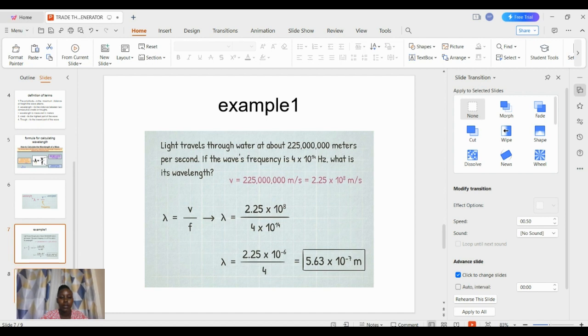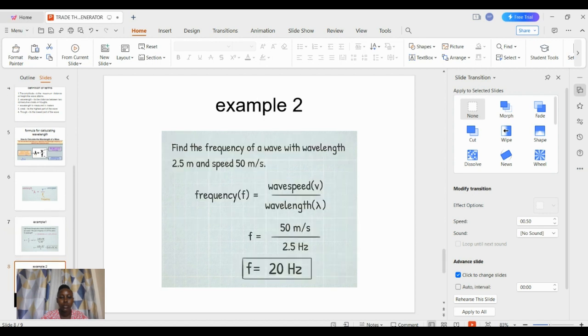Let's look at the next example, example 2. The question says: find the frequency of a wave with a wavelength of 2.5 meters and a speed of 50 meters per second. So this question is asking us to calculate frequency, and we have been given wavelength and the speed of the wave.